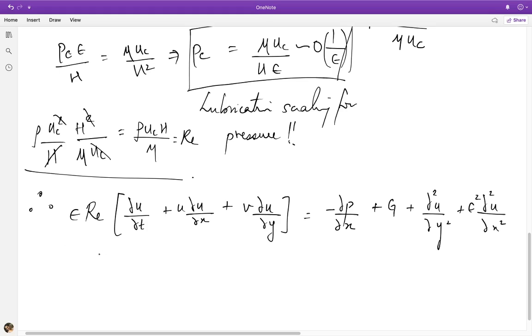Now I can move on to write my V momentum equation. So that is going to follow the same scaling as before, except that where I have U, I'm going to have V. But because V characteristic is epsilon U characteristic, it's going to throw out an additional epsilon factor.